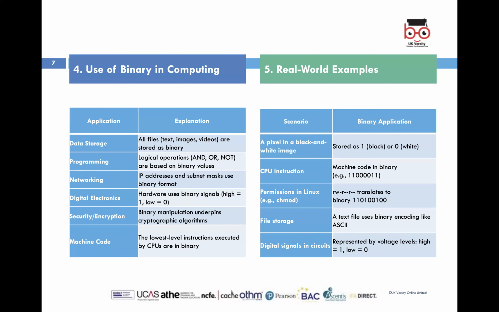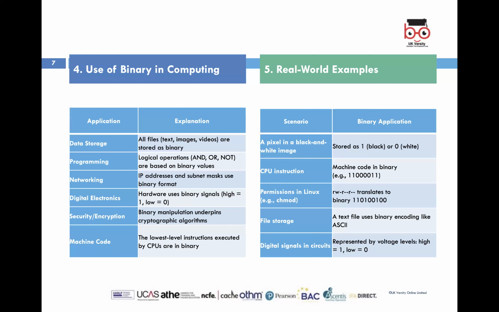Digital electronics: hardware uses binary signals, high equals 1 and low equals 0. Security and encryption: binary multiplication underpins cryptographic algorithms. And machine code: the lowest level instructions executed by CPUs are in binary.